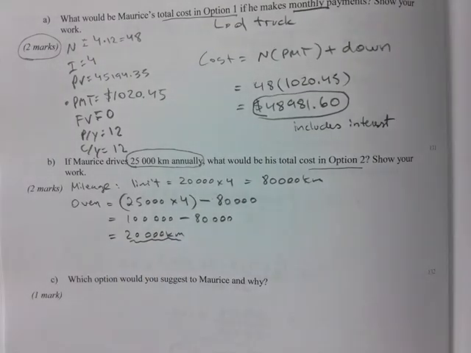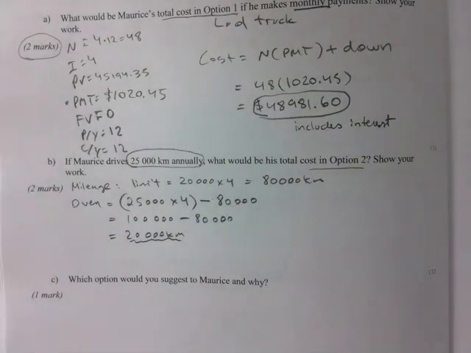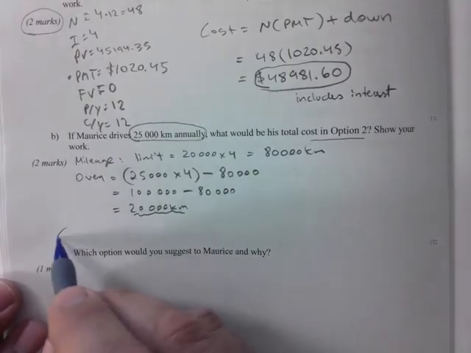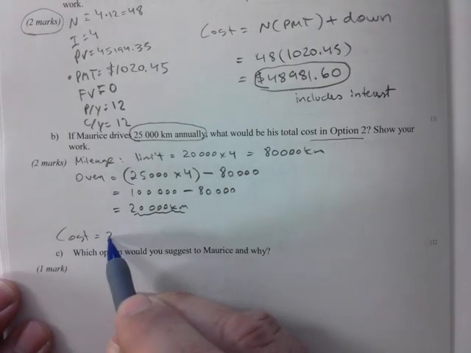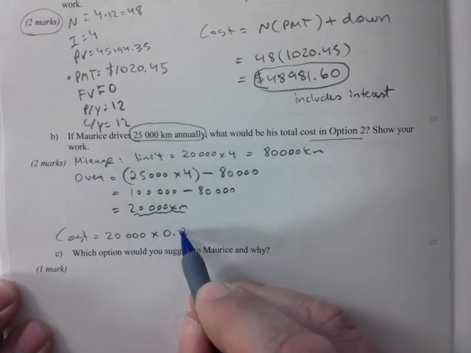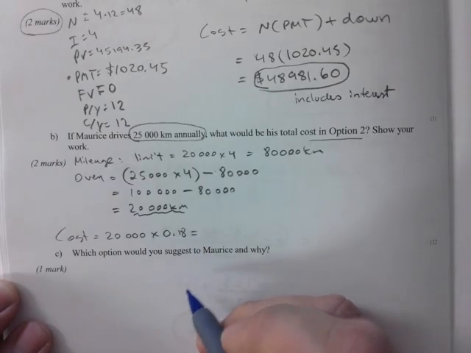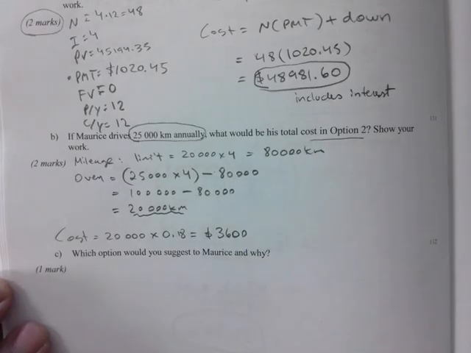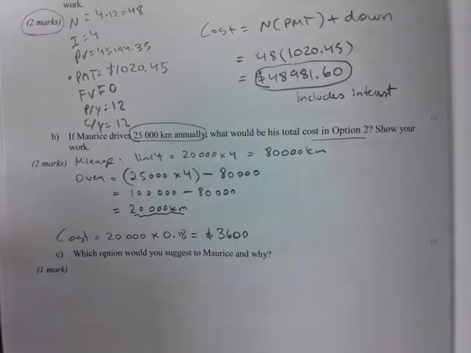Not my final answer just yet. So mileage is definitely a problem here. Cost would be 20,000 times the 18 cents per kilometer, taxes included. That's $3,600 that you're going to pay just for mileage.